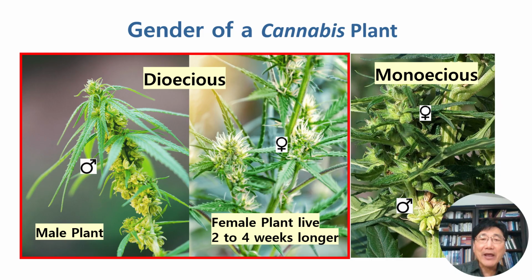A female plant's stem will feel more solid and resist bending, while a male plant's stem tends to feel lighter, thinner, and more flexible. Rarely, monoecious plants with both male and female flowers on the same plant are found.